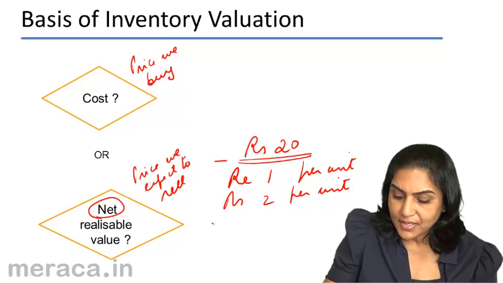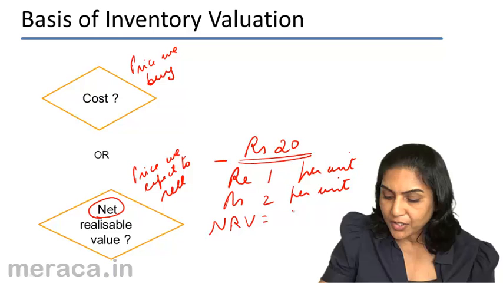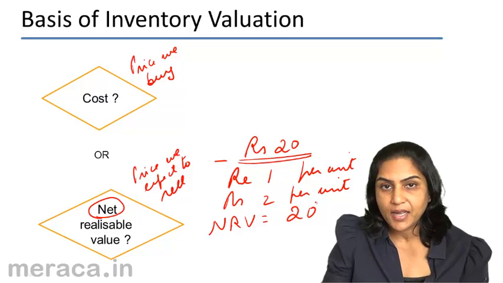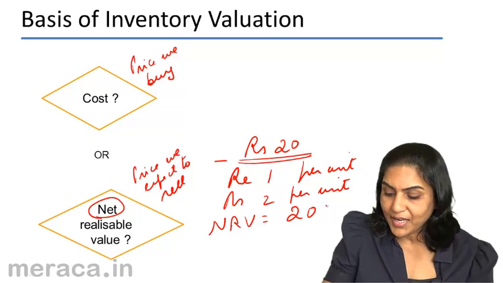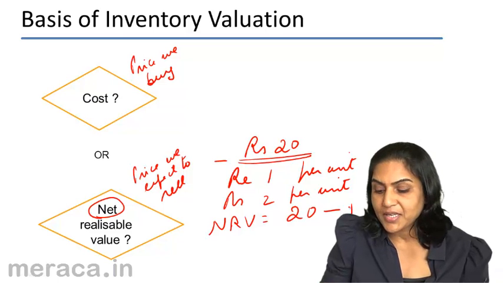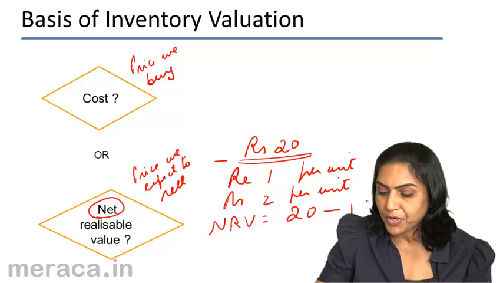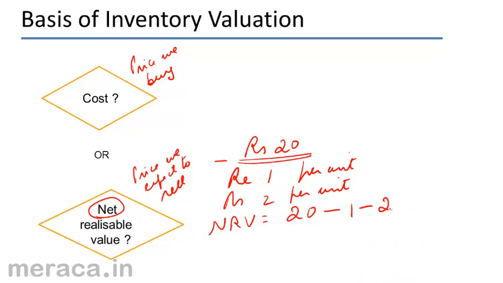In that case, the net realizable value of this product would be 20, the price which we will get, less 1, the cost of completion of the product, less 2, the cost to sell the product, giving us rupees 17.